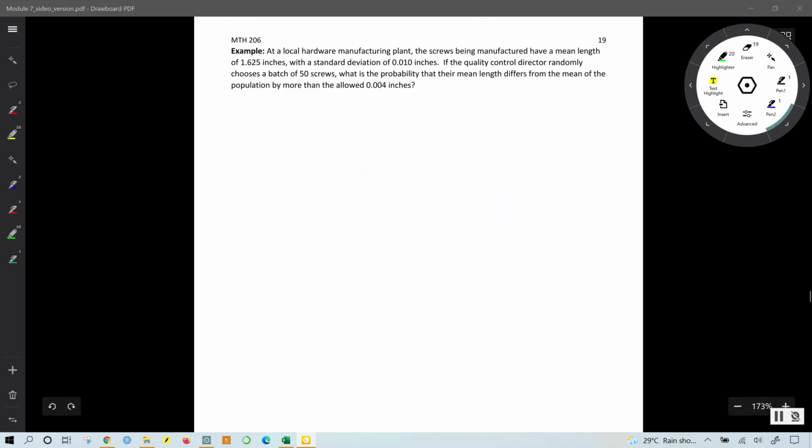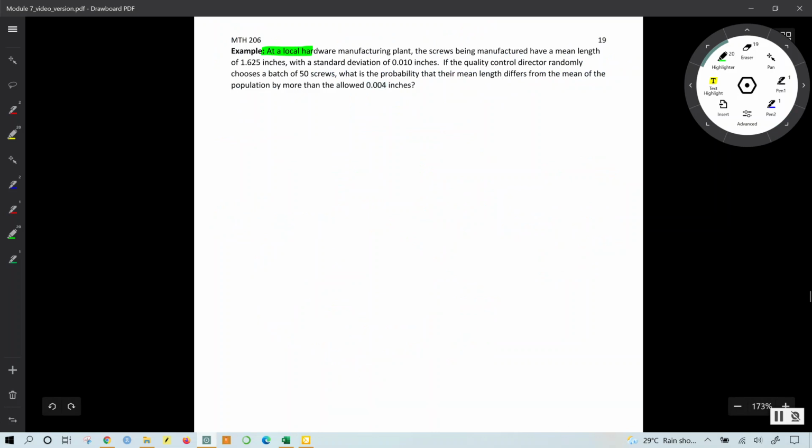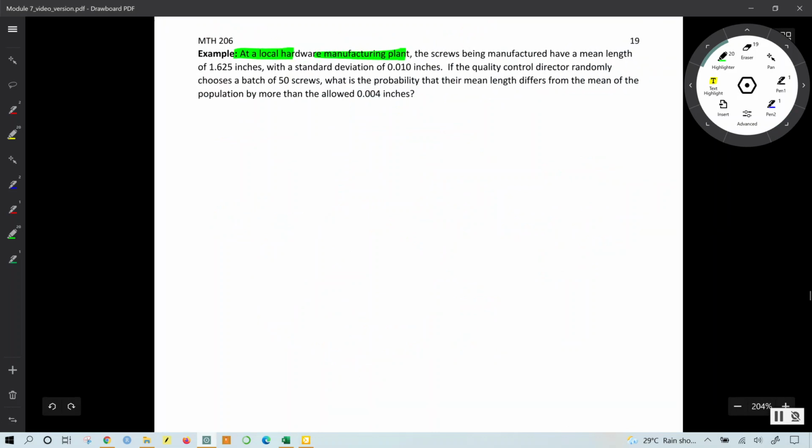In this next example, we're told that at a local hardware manufacturing plant, the screws being manufactured have a mean length of 1.625 inches with a standard deviation of 0.010 inches.